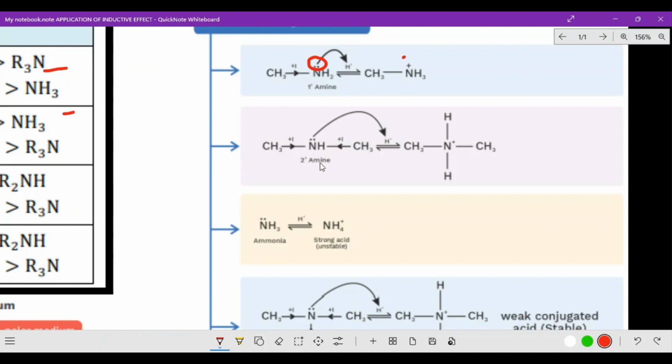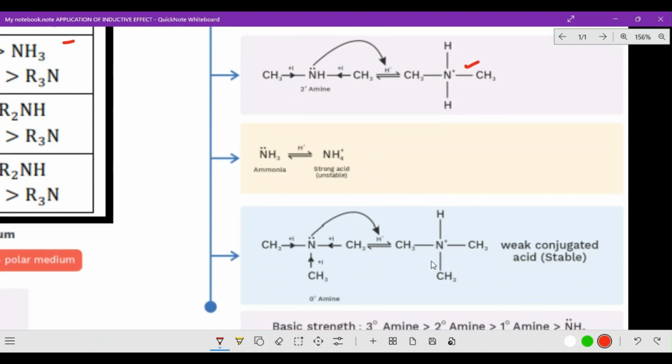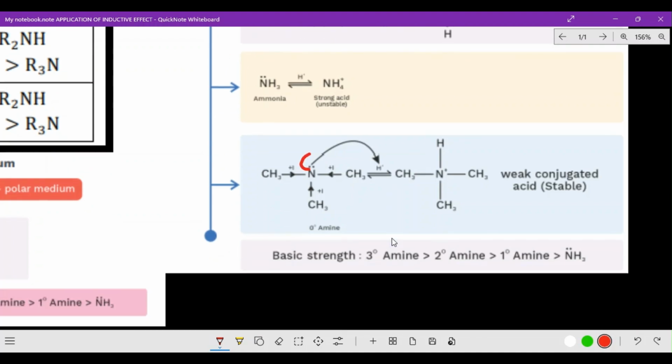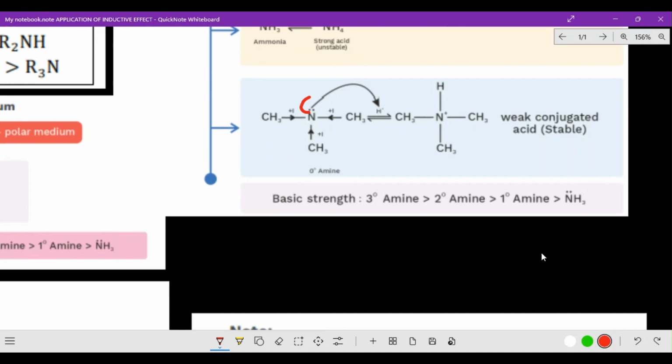The same happens with the secondary amine, so you will get that positive charge. And for the tertiary amine, which is a conjugate base, the same thing happens over here. Now basic strength, as we are considering here: tertiary, secondary, primary, and ammonia. Please note down this point.